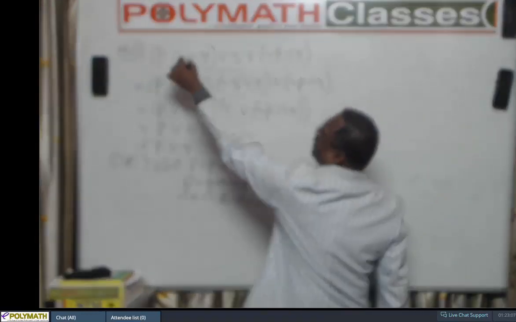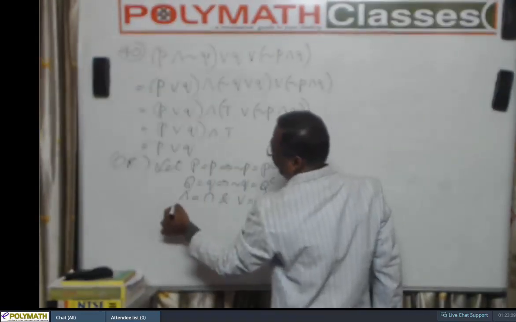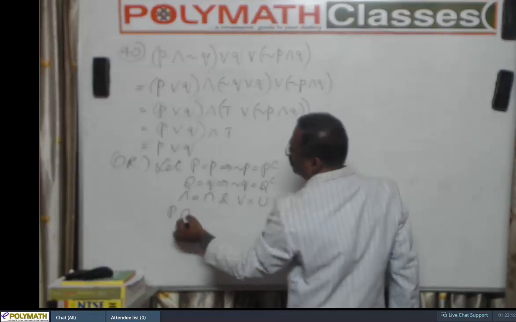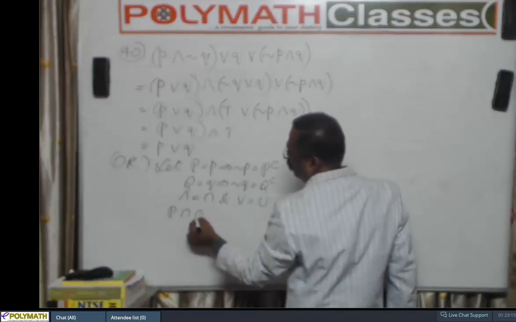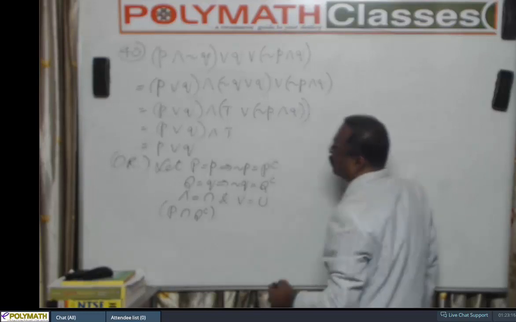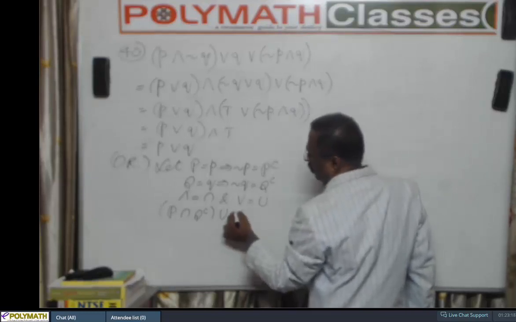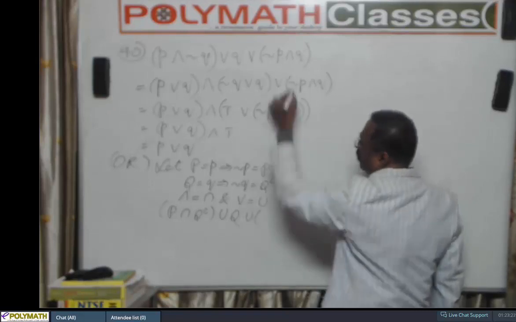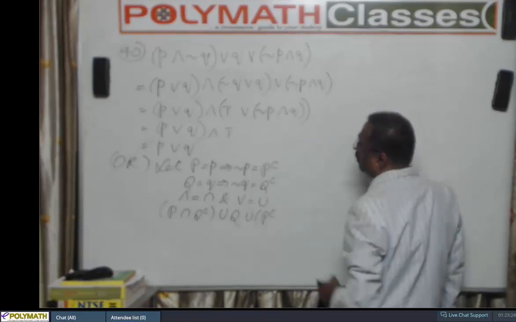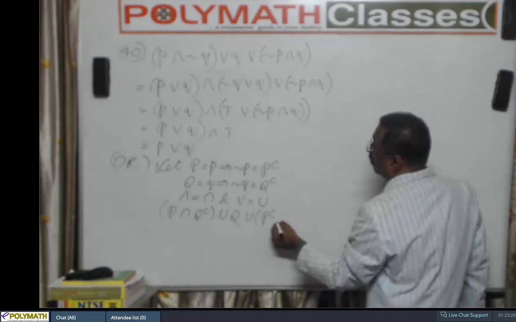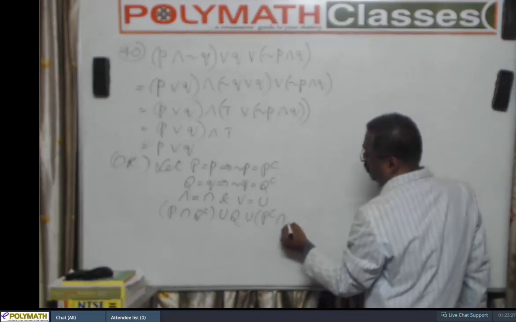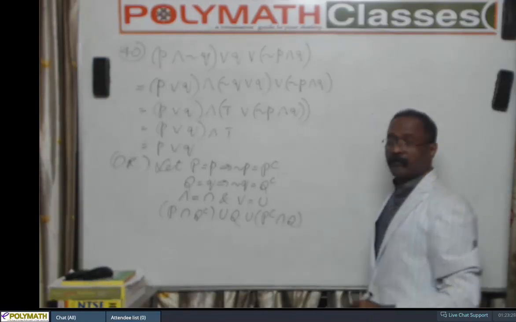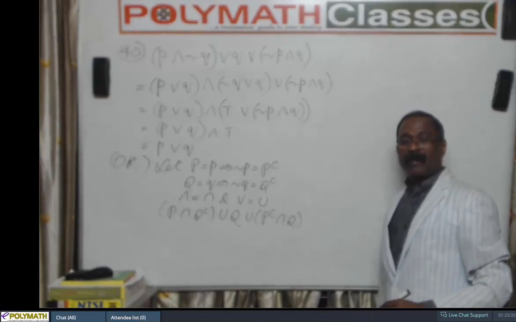If you rewrite this, this is P intersection Q complement, union Q, union P complement intersection Q.